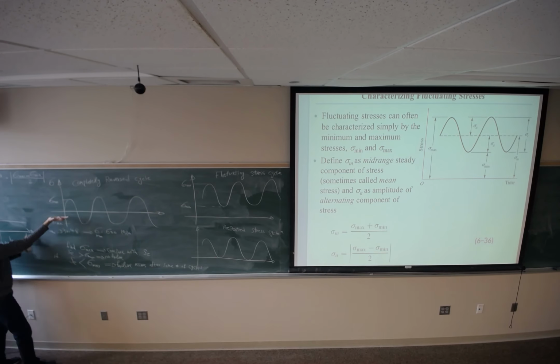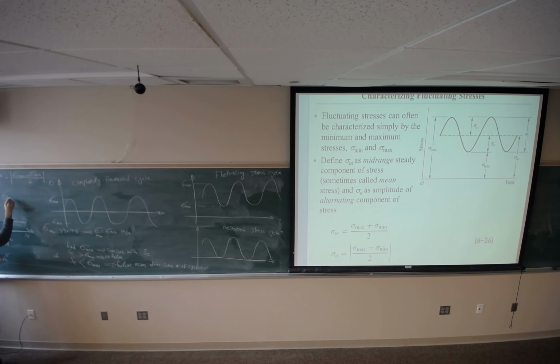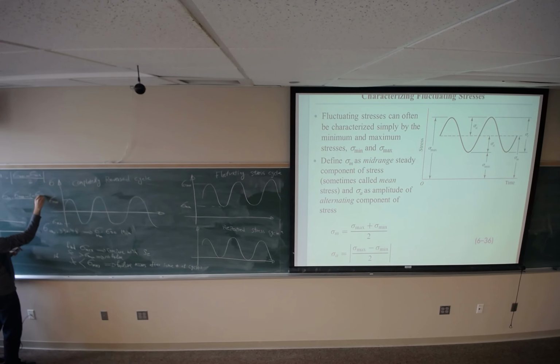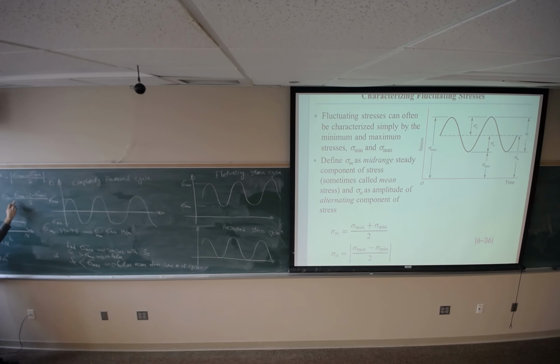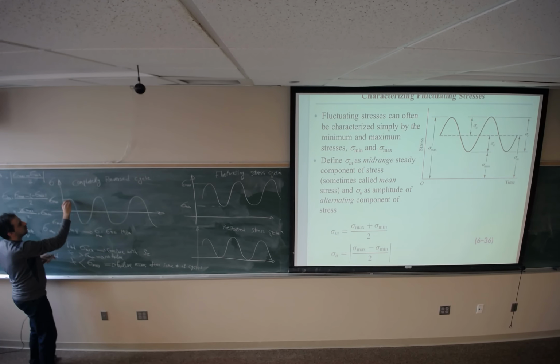Now for completely reversed cycles, if I want to find sigma a, it's going to be sigma max minus sigma min, where sigma min is the negative value of sigma max, divided by 2. Sigma max minus times minus is plus, so 2 sigma max divided by 2 is sigma max. So this value is going to be sigma a.